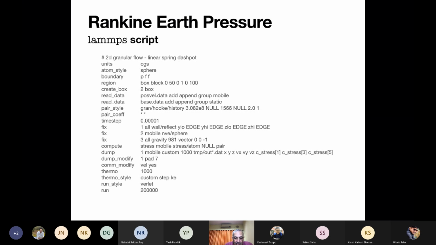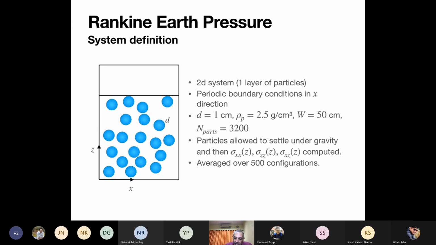You can see that this is the standard thing we always use. Then the boundary in the X direction is a periodic boundary condition. That means particles going out from here will come in here, and any stress applied by a particle here will be felt by the particle on this side.